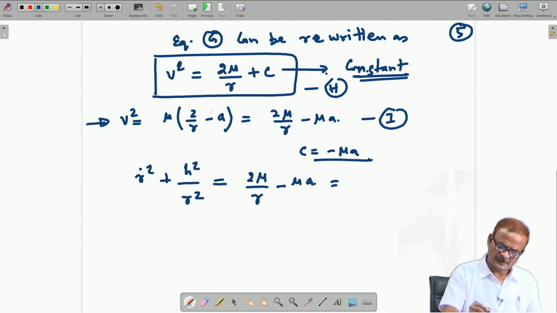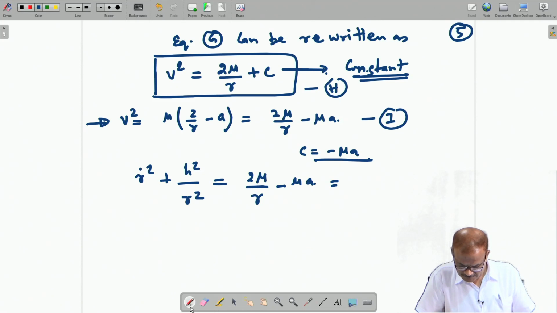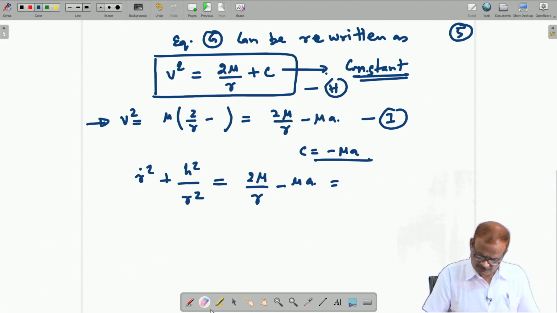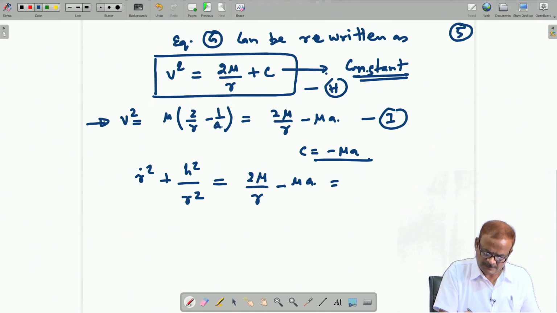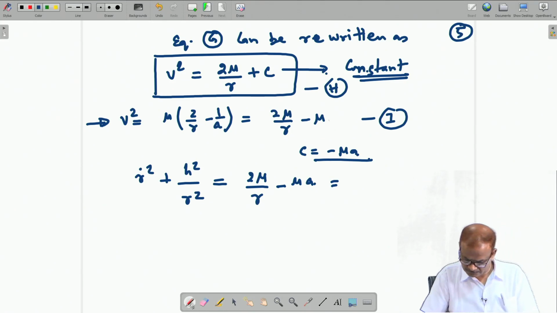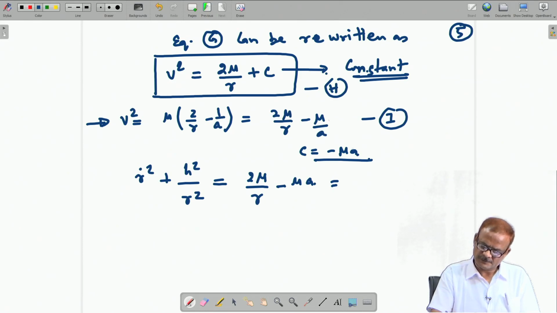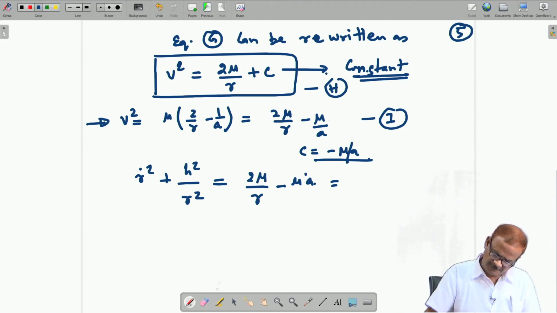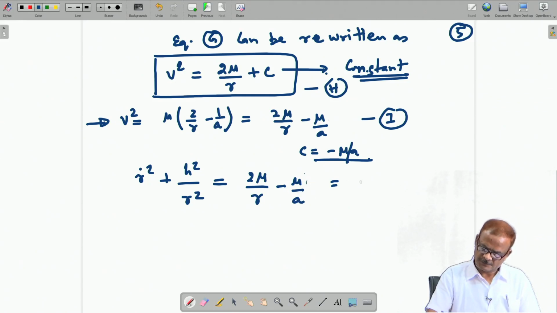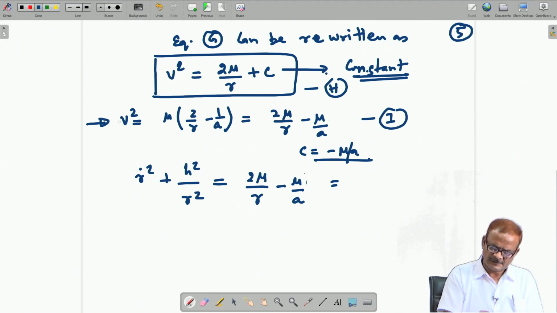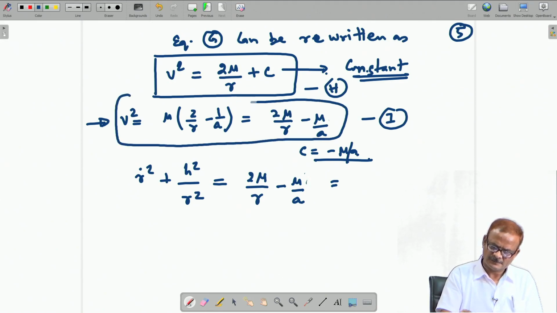Sorry, here I will correct it: this is 1 by a, so this gets reduced to mu by a. So, directly, if we remember this equation, we can work out from this place.